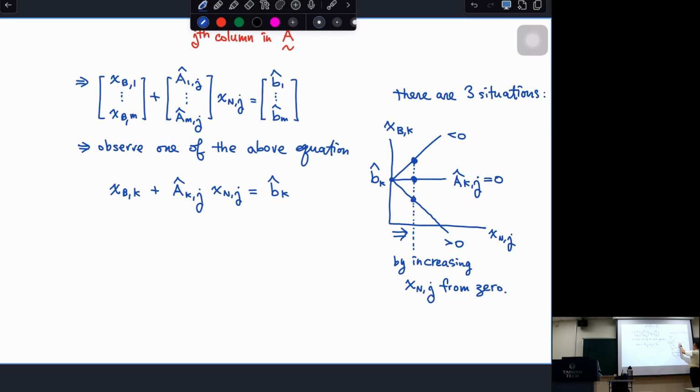If a_kj is a negative value, so original is 0. Now when I increase, because it's negative, so this is a negative value right here. I'm wrong.